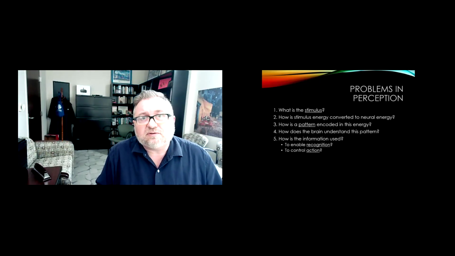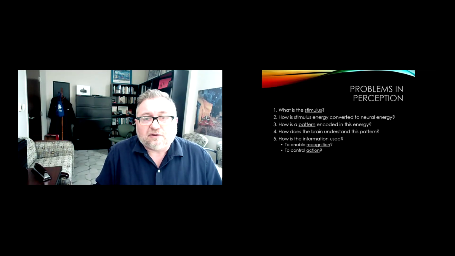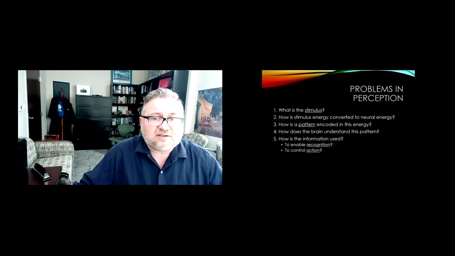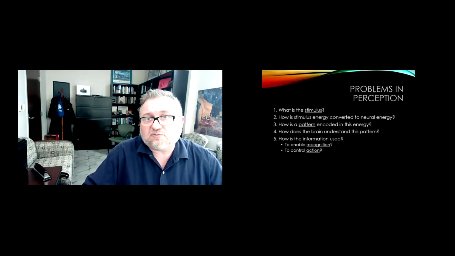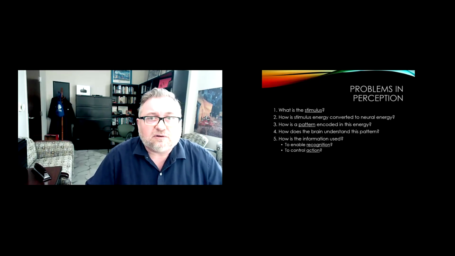We have chemical receptors in the taste buds and in the nasal olfactory epithelium for taste and smell. So there are different forms of stimulus energy that are going to activate these different kinds of sensory neurons. And that's a process that needs to be understood as well, right? How is it that these sensory neurons are responding to that energy? And how do they encode it into a nerve signal?